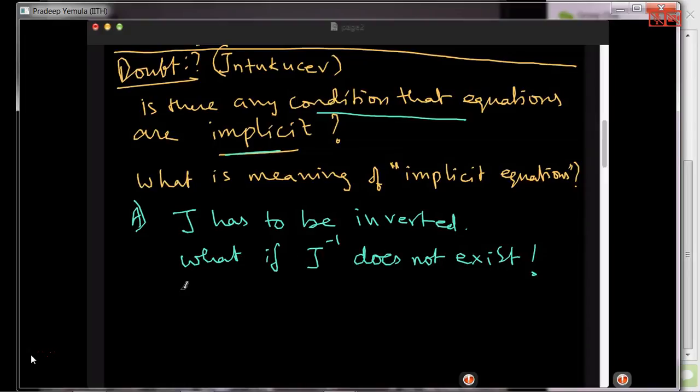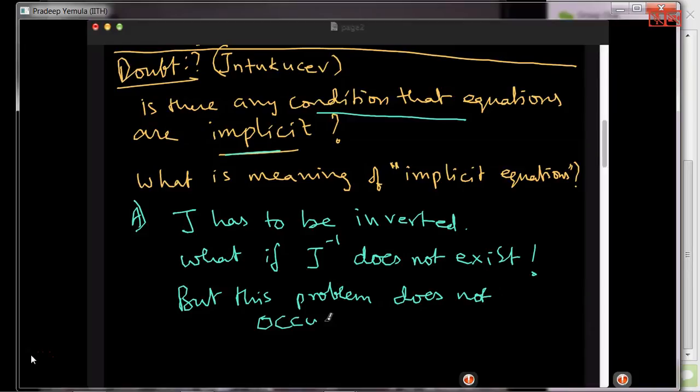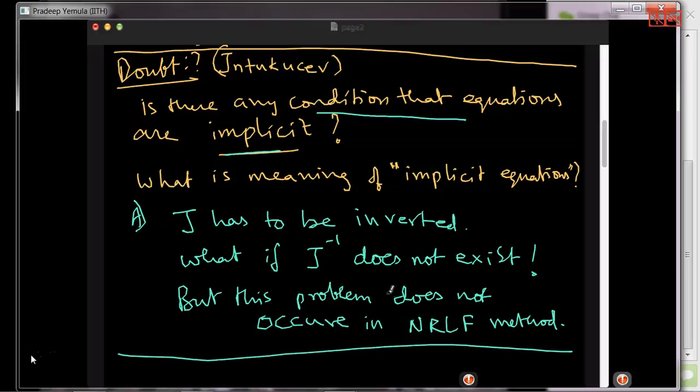But this problem does not occur in the NR load flow method. The NR method in general might have it, but not the NR load flow method. Again, this is to the best of my knowledge. If I make a mistake, let me know. I'm always happy to correct it.